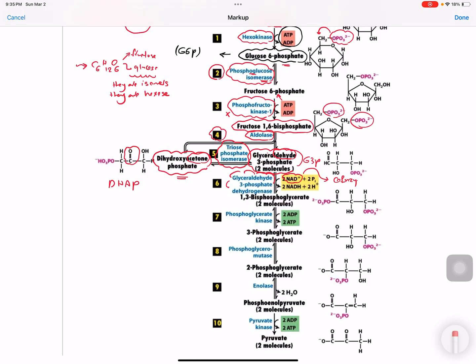that acts as co-enzyme in this reaction. NAD gains its hydrogen and is reduced to NADH.